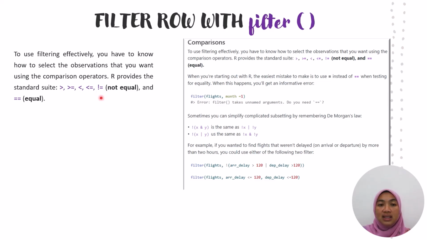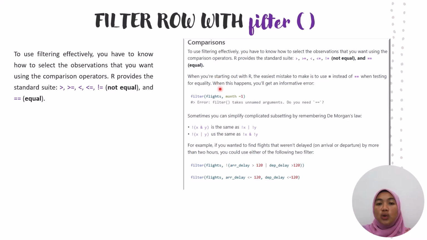The last operator is not equal, and then equal. In R, for equal, you need to put a double equal. So double equal means equal, and not equal is here too. On the right-hand side are the comparison operators.